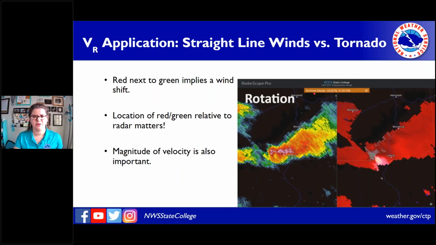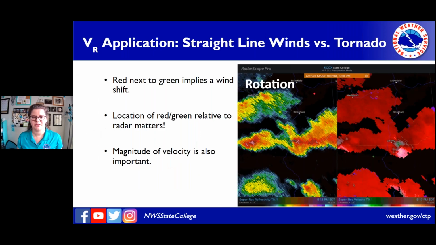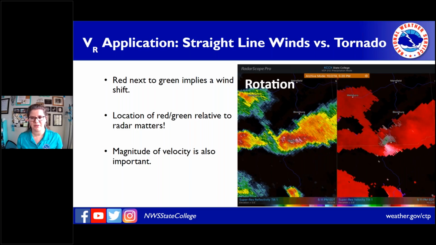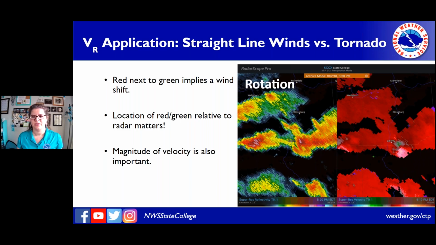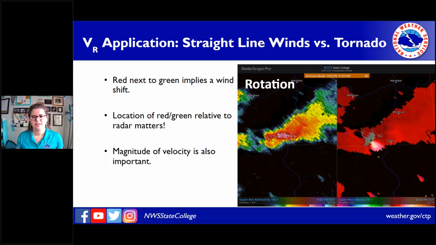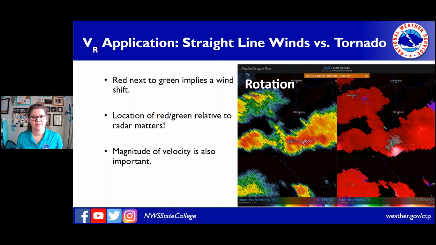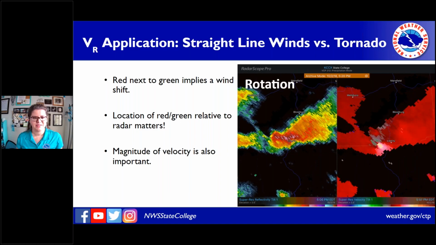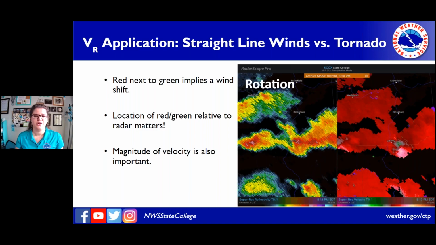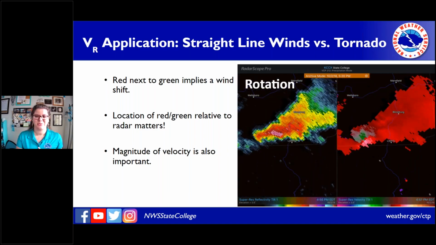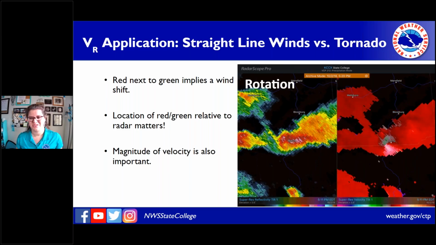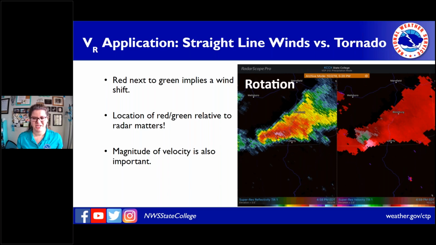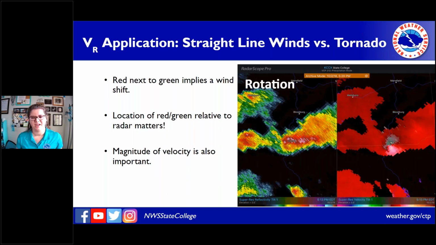So if we're looking at red touching green, which is the classic radar color scheme, if you have a radar app on your phone or if you're looking at it online, red touching green is kind of the classic wind shift. Now, what's very important is being able to know where the radar is relative to the red touching green. Because red touching green doesn't necessarily mean rotation all the time.